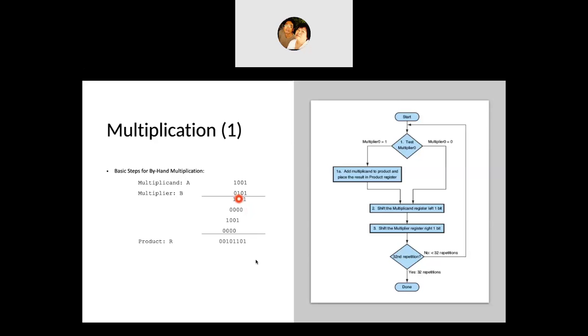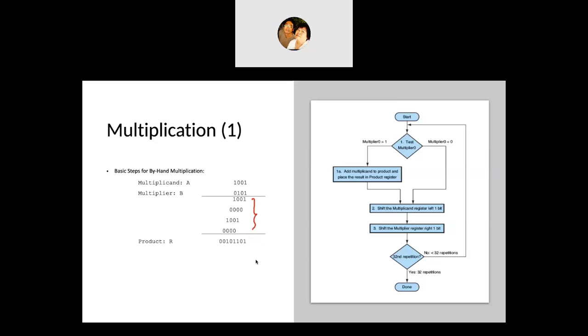Next is 1. 1 times 1001, we get 1001. And the last bit is 0. 0 multiplied by the multiplicand, we get all zeros here. And then we sum them up, and finally we get this kind of result. This is quite simple, right? This is what we usually do by hand.